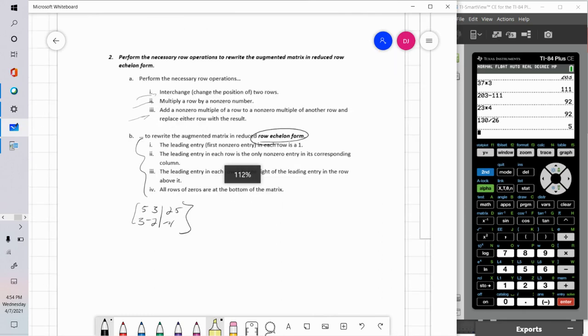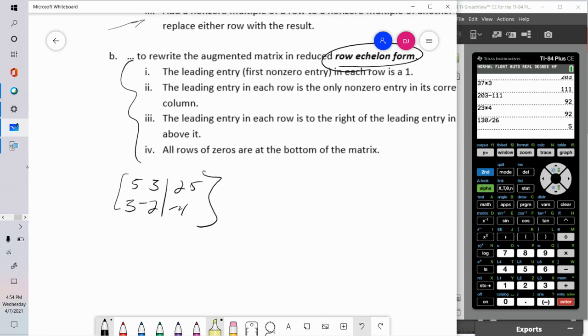That's the original augmented matrix. We want to get that into reduced row echelon form.